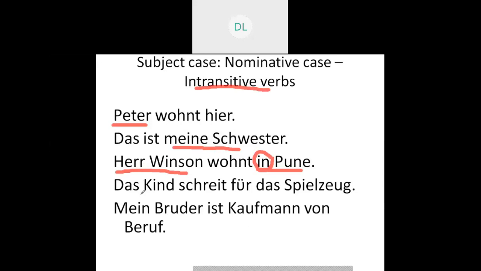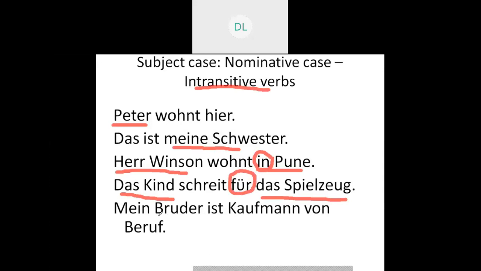Now many students would say that das Kind is the subject and das Spielzeug is the object. Sorry, there is only one identity in the sentence, and that is das Kind, that is the subject. Spielzeug cannot be an object because before Spielzeug there is a preposition. Whenever I have a preposition before the noun, that never ever comes into the category of subject and object.